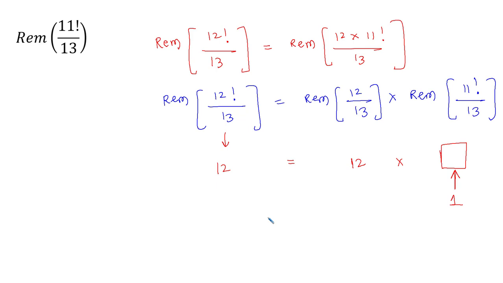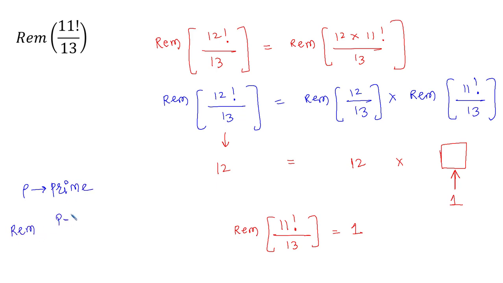So from this we can see that the remainder of 11 factorial divided by 13 is going to be how much? 1. Okay everyone, so now the second rule is, if p is a prime number, the remainder of p minus 2 factorial divided by p is always going to be 1.